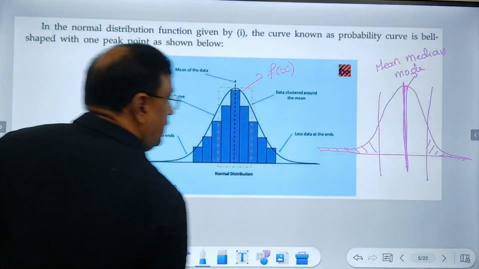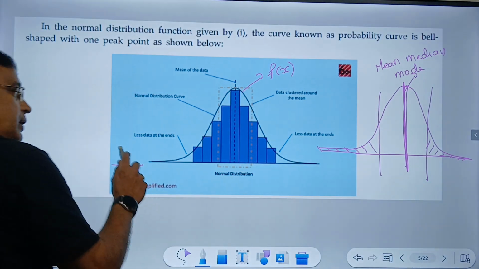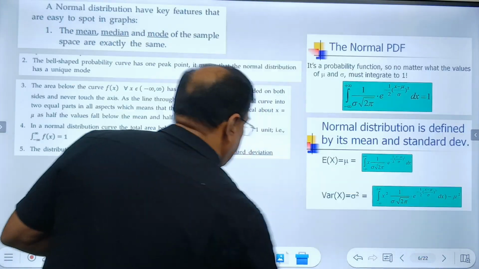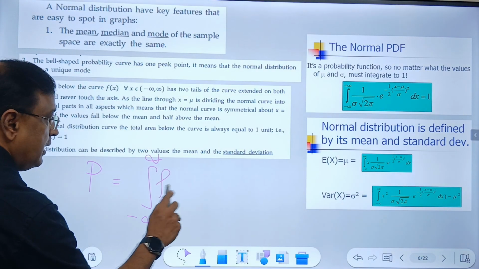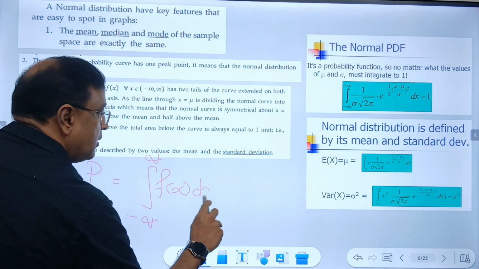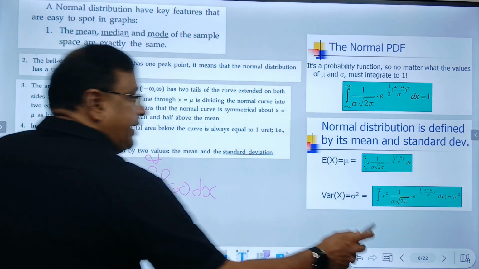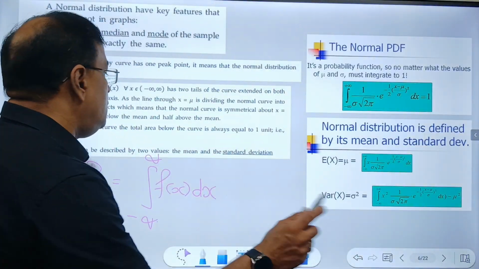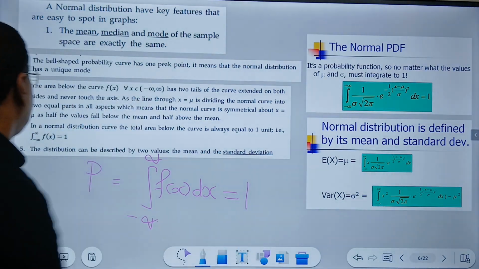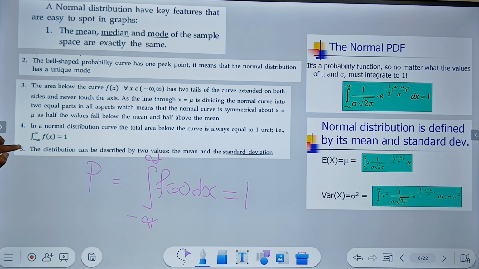Area from where to where? From minus infinity to plus infinity, f of x dx. When you add the entire probability from minus infinity to plus infinity, the total probability is always equal to 1. Integral from minus infinity to infinity of f of x, a probability density function, so total probability is always equal to 1.